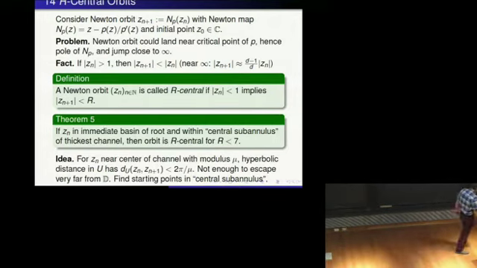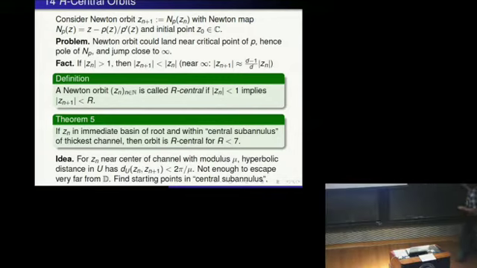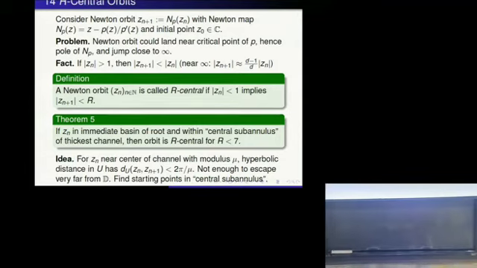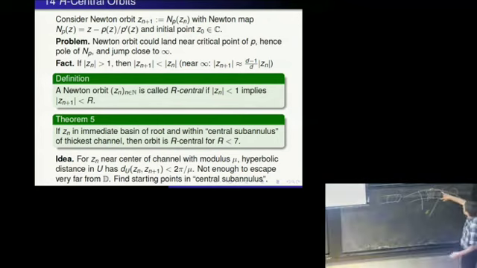And then one of the first observations is, if you are in the immediate basin and you're somewhere in the middle, so if this is the channel here of the root and you're in the middle third, like so, then the orbit, you start here, the orbit is R central for some universal value of R. So you'll never get too far away when you start in the middle third.